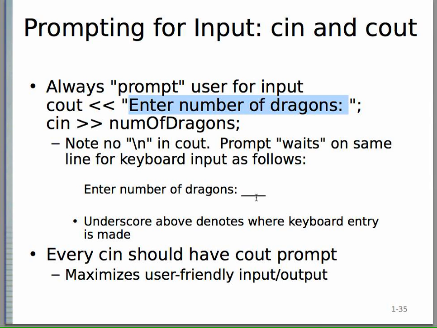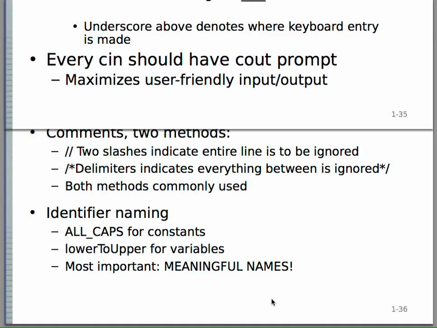It's a tiny difference, but it makes your program just that much more user-friendly. I would encourage you to try it out if you haven't seen it already in some of the past programs. To be nice to the user, every cin should have a prompt that you print out using cout. It just maximizes the user-friendliness of your program.